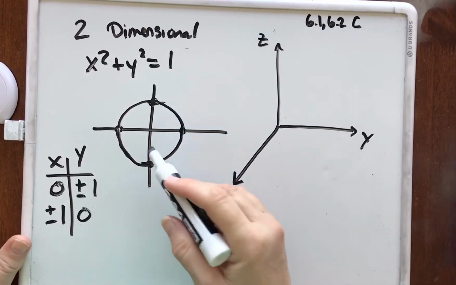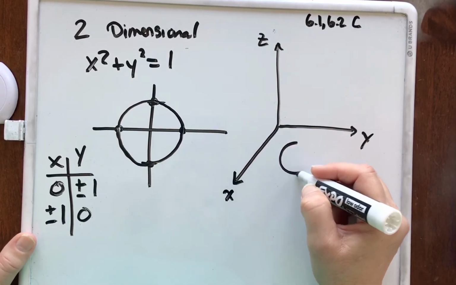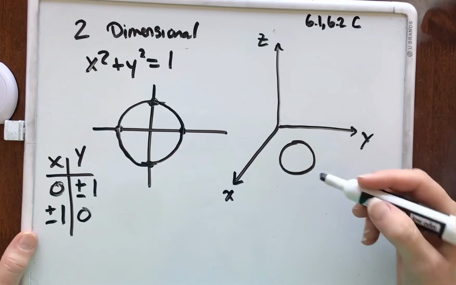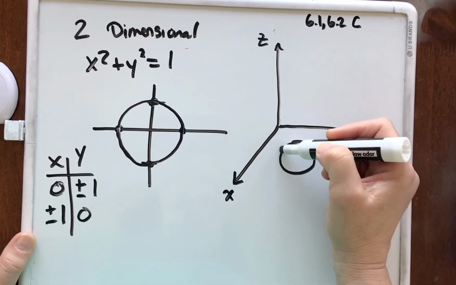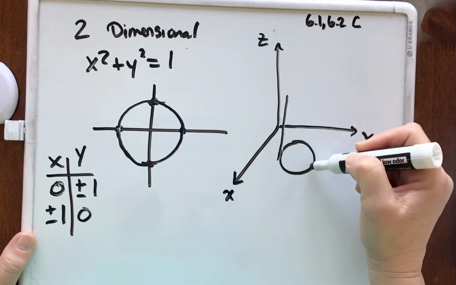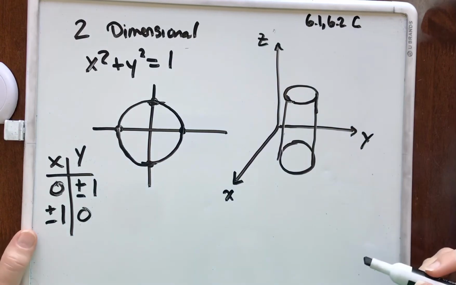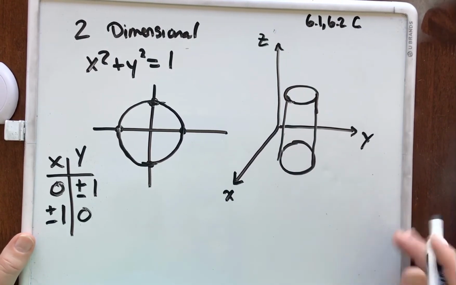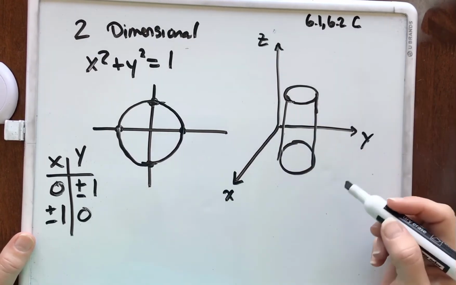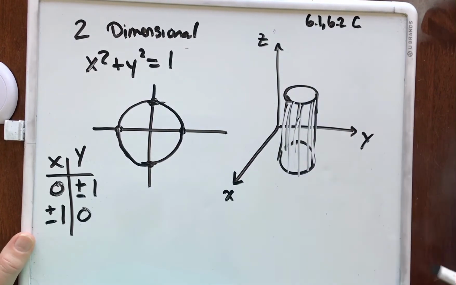So what we would do is put this circle right here, and then we would raise it. Let's say we have a cylinder. We laid the circle flat on the XY plane, and then we raised it, and now we have a three-dimensional shape. Maybe you can see it better that way.